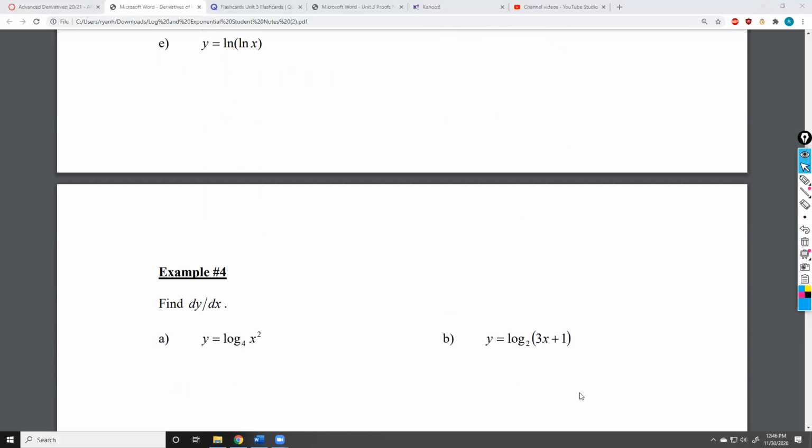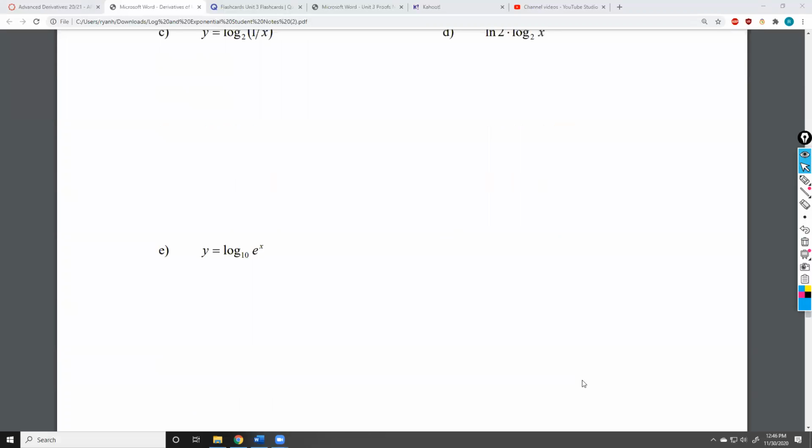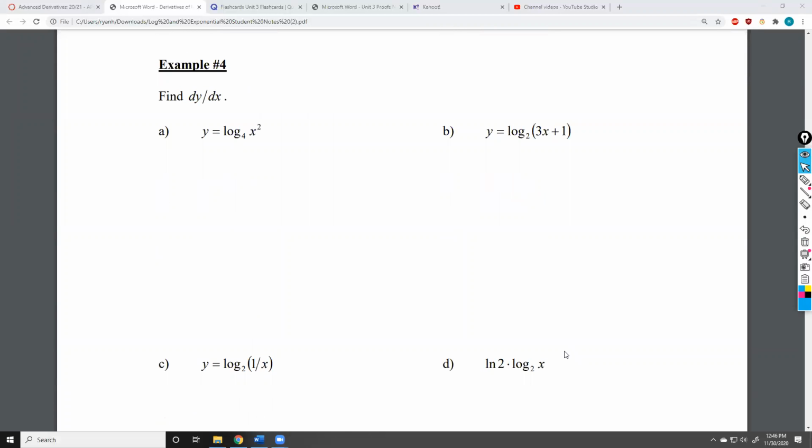As we move down to doing some log rules, we won't do as many of these because they're very similar ideas. The only difference is that we need to remember to put a natural log of the base in the bottom. So this rule is going to be very similar to the one we did with natural log of x squared. So y prime is going to be 1 over x squared.